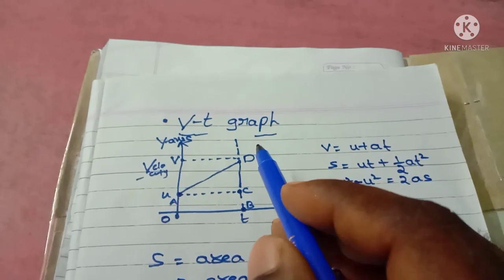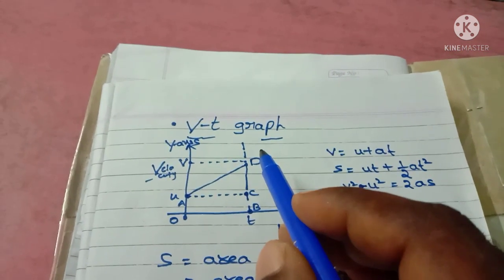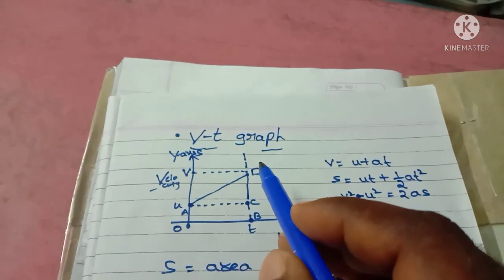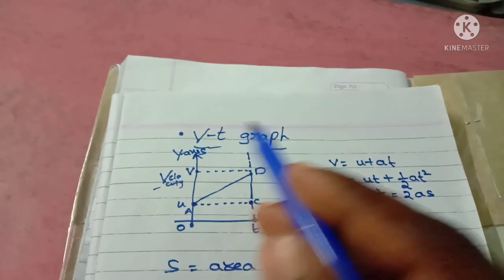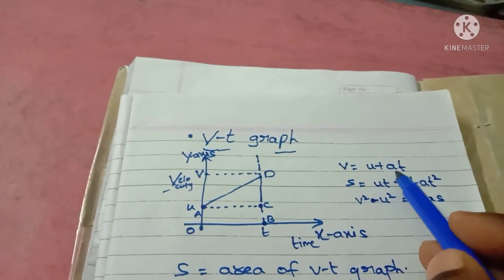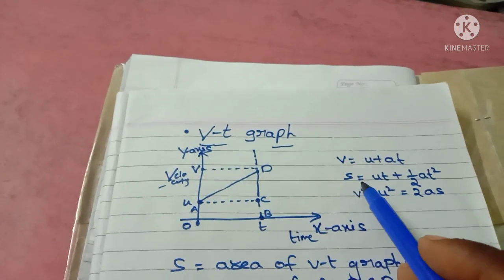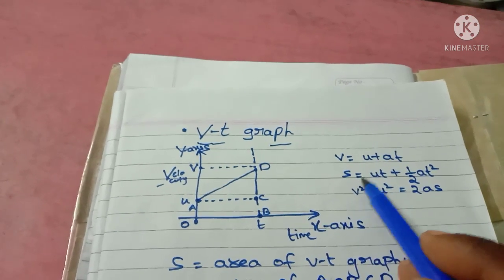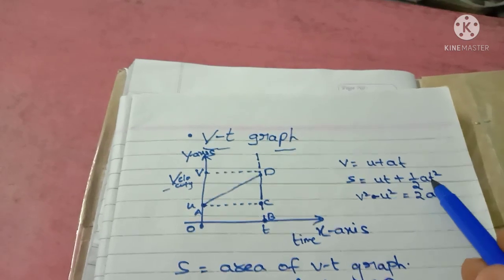Hello children, in the live online class we have seen the derivation of the first equation, v equal to u plus at, and also s equal to ut plus half at square.